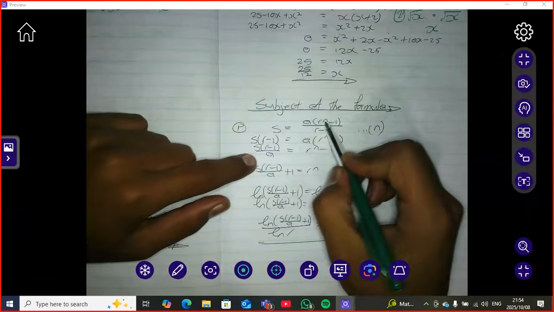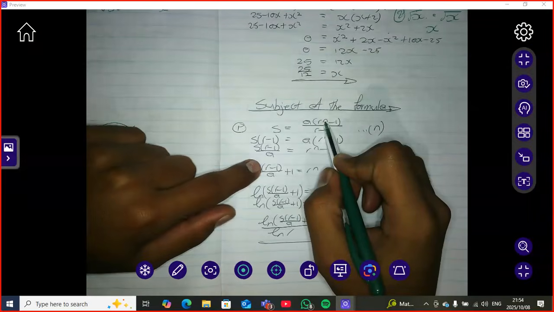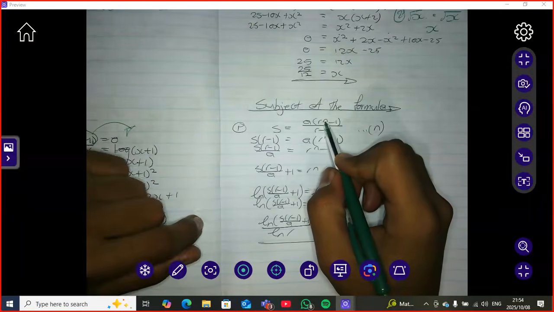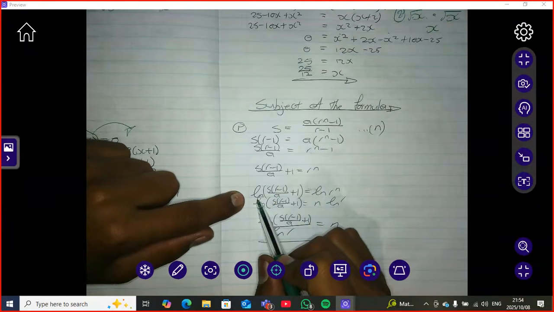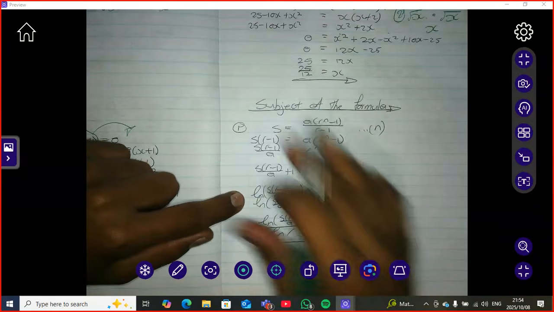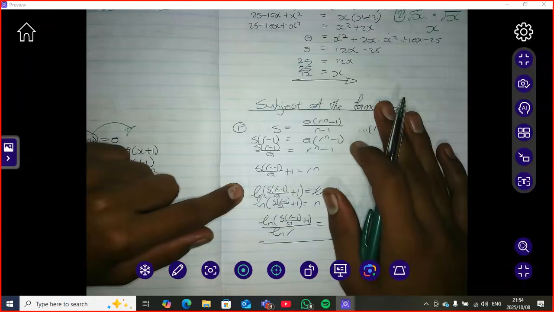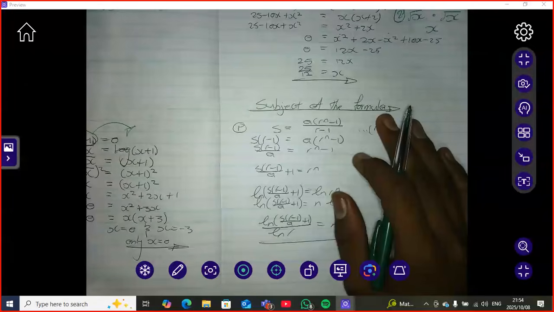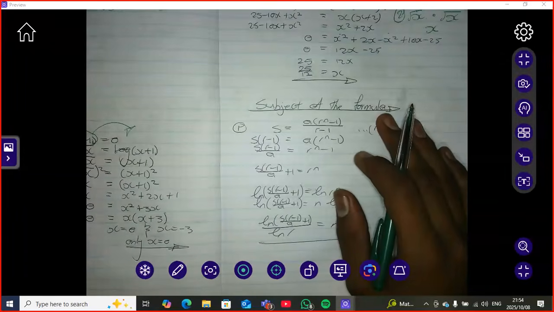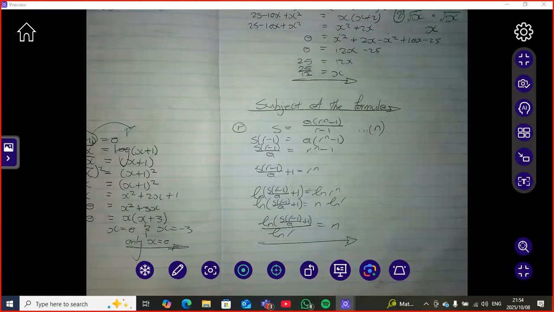So we want n here in the exponent. Usually, if you work with letters, you use ln for this formula, for the subject of the formula questions. You can use log, it is okay if you use log. I'm just saying, you can also use ln because ln is log's twin brother.